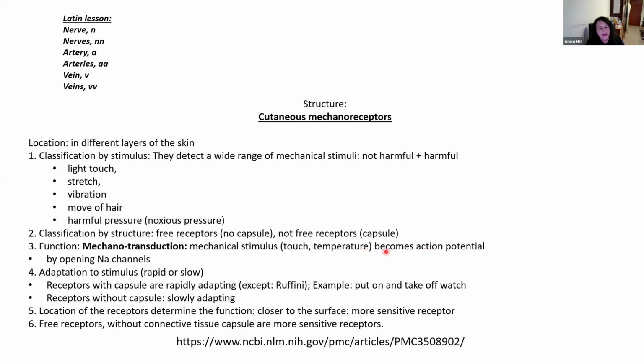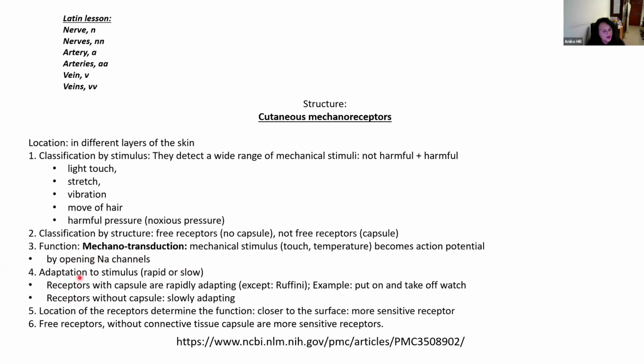They are capable of making action potential from the stimulus. I'm sure there are a lot of versions here, depending on what receptors you are looking at in detail, but most action potential means that some sodium channel opens up.